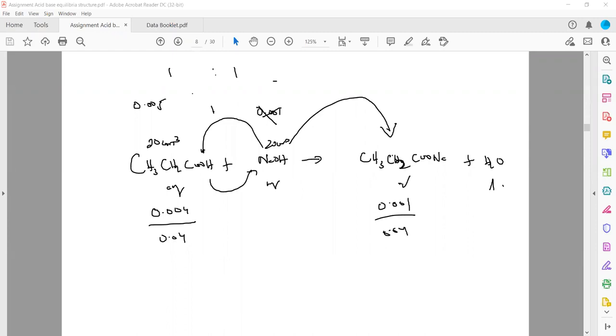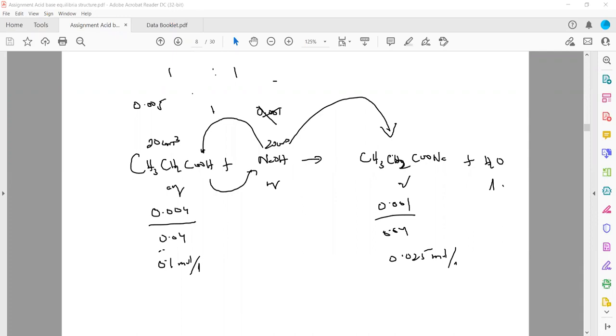That will give us the concentration of propanoic acid: 0.004 divided by 0.04, so it will be 0.1 mole per dm cube, and the concentration for the salt is 0.025 mole per dm cube.